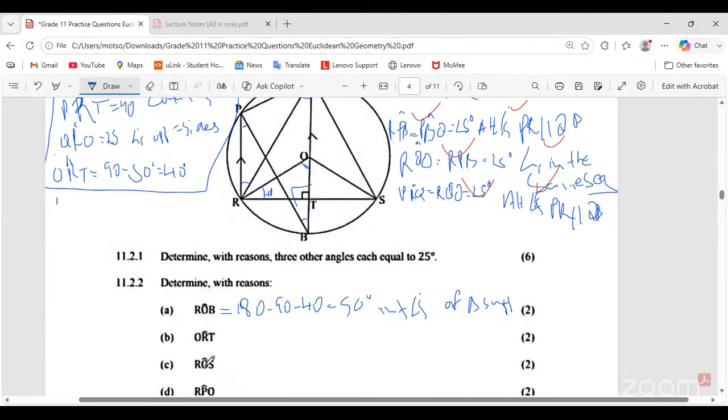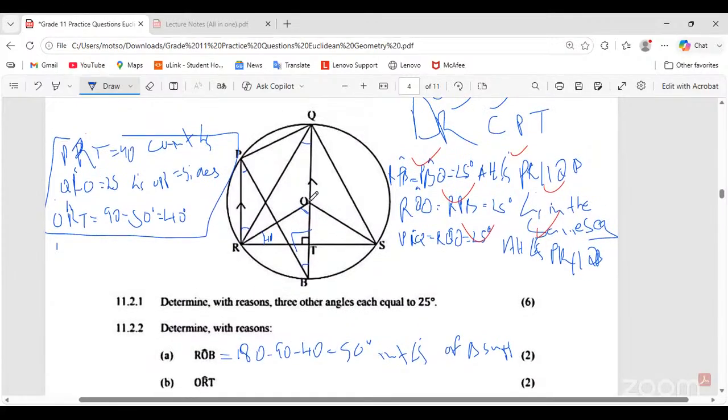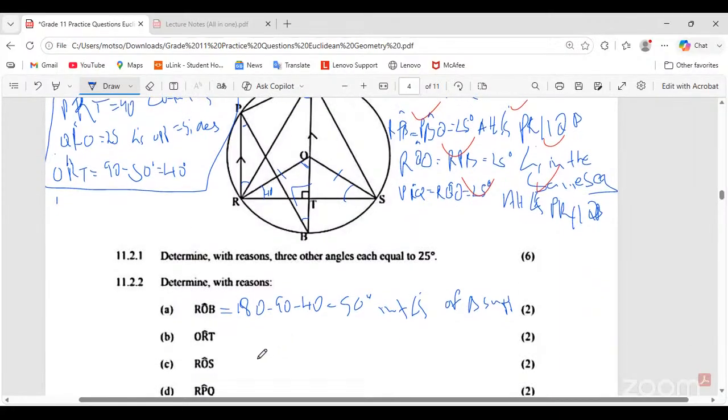See, it wants ROS. Okay, with this one, this is a radius. This is also a radius. These lines are equal. Therefore, these angles are equal. Then you will say angle OST is equal to ORT, because those are the angles opposite equal sides.